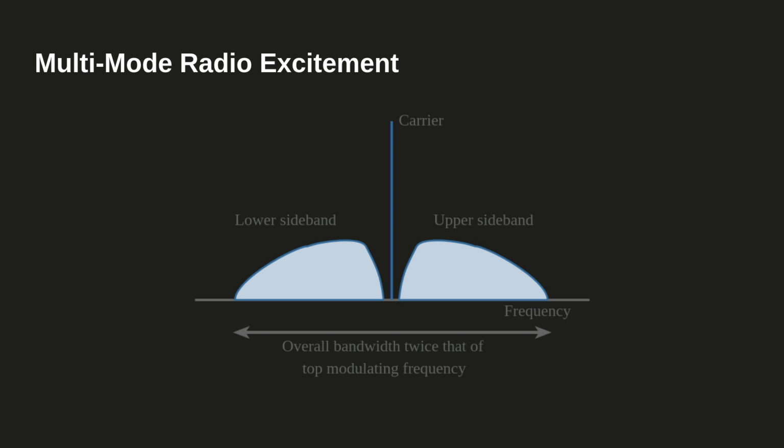So I'm going to pop the slide back up, and Leah can narrate a little bit more about it. All right, again, you see the overall bandwidth is twice that top modulating frequency, like you said in the slide, the lower sideband and the upper sideband. Some of that stuff's like, woo, big stuff, but it's okay. We'll get there.